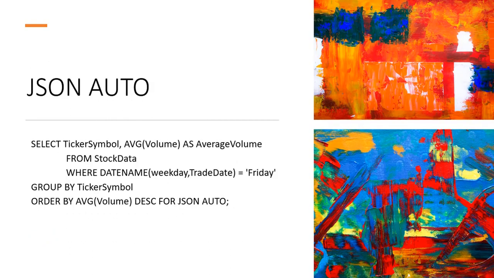Here is a pretty standard SQL query, but at the very end, we have FOR JSON AUTO. So we're doing an aggregate and a group by. We're going to group by ticker symbol, get the average volume just for those times where the trade date was on a Friday.